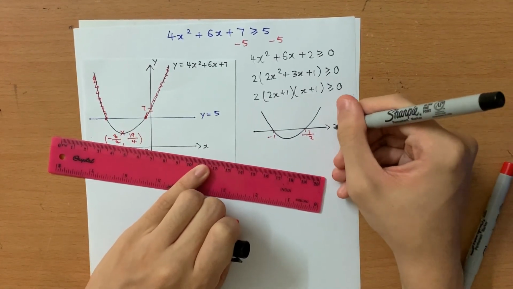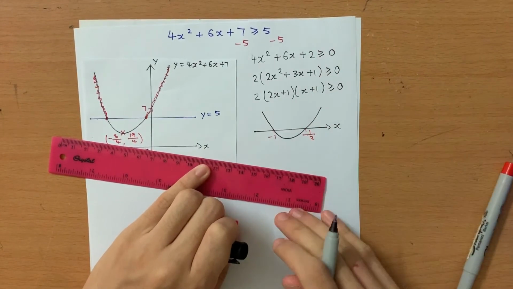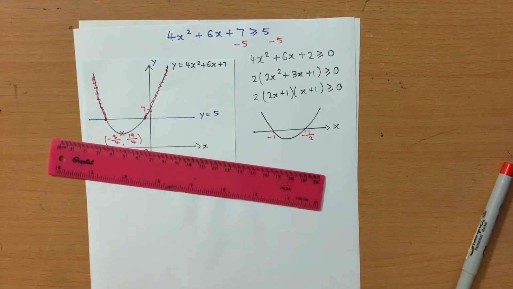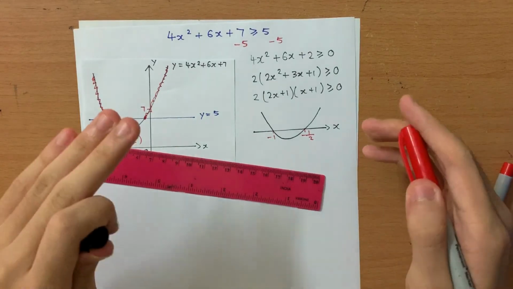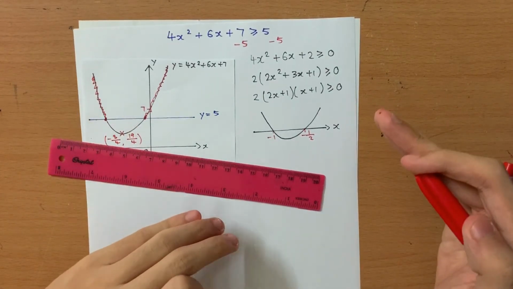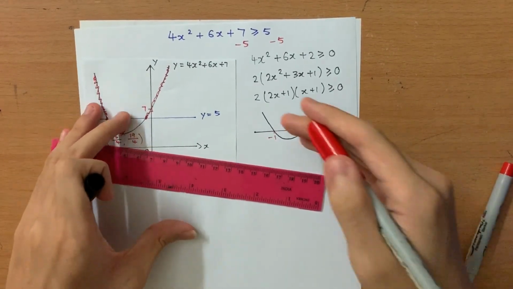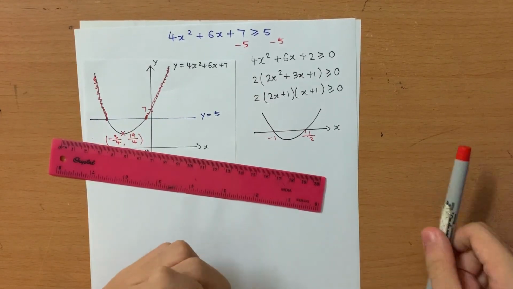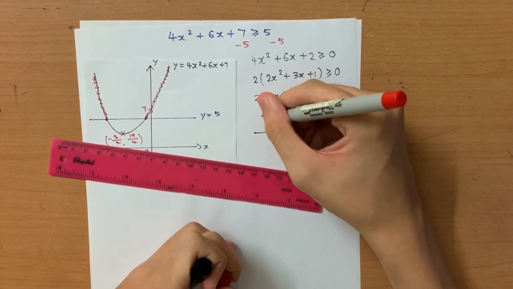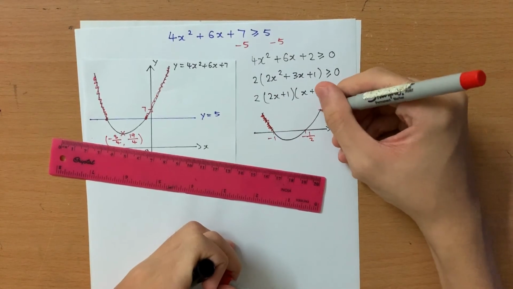This is the x-axis, and the y-axis is somewhere to the right. We want the curve to be more than or equal to 0, which is above the x-axis, so we want the portions where the curve is above the x-axis.